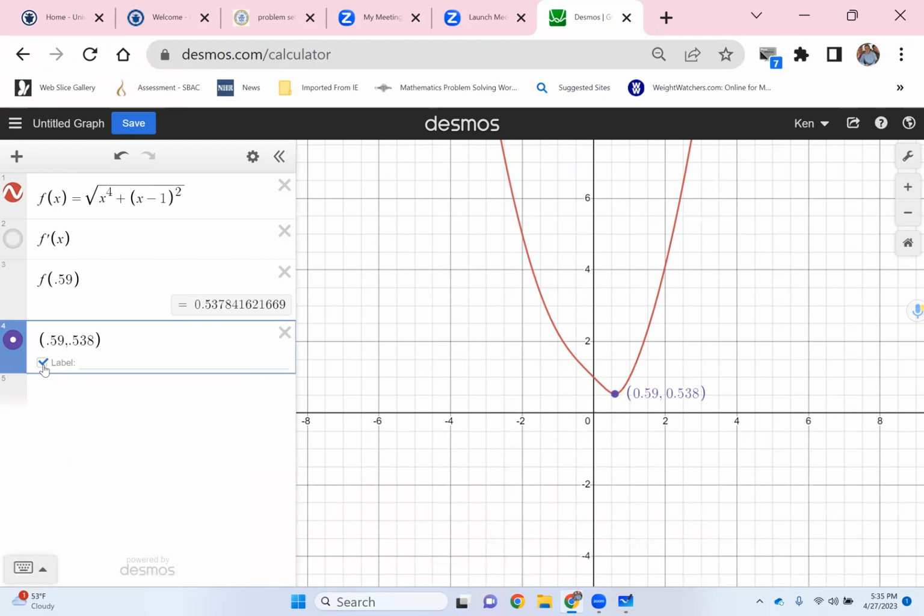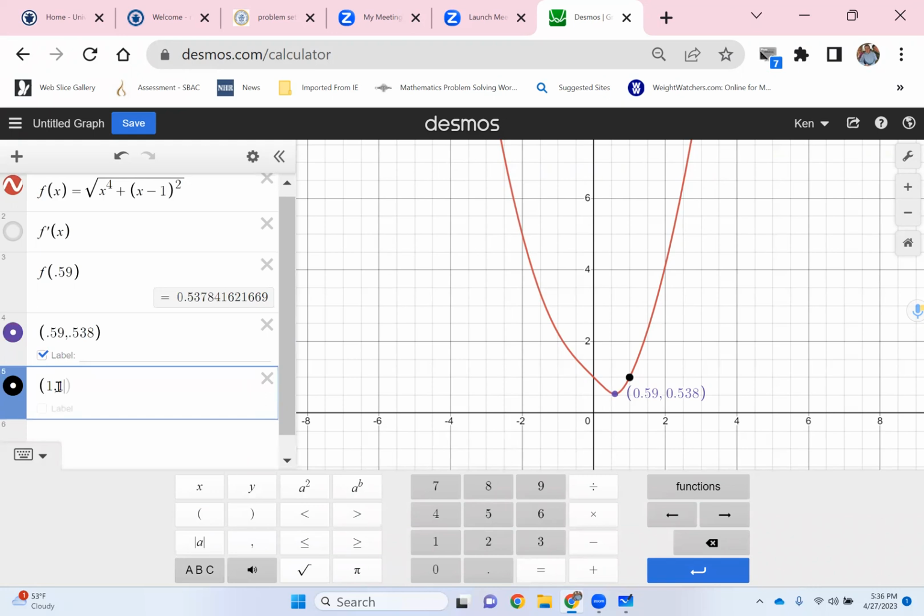It sure is. And let's see if it looks like it's close to the point (1, 1). It actually looks like the point is on the graph. Oh, that's the derivative. Crap.